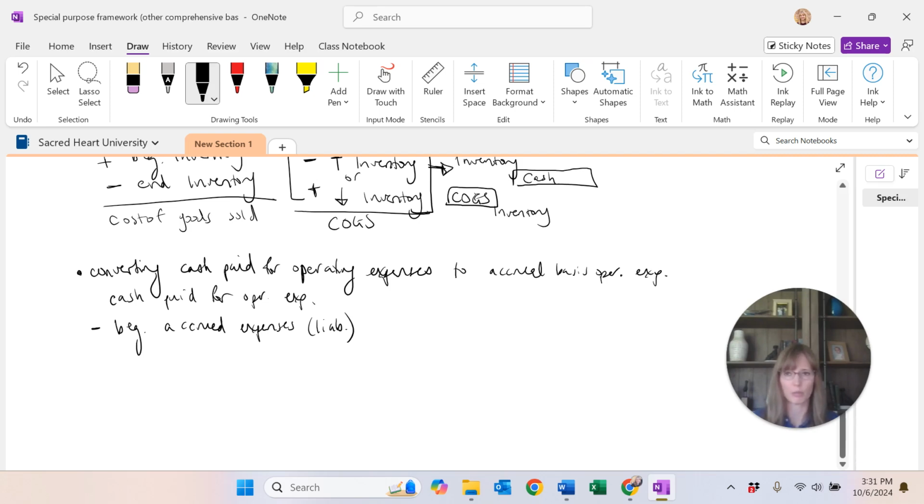They arise from just running your company's business. Picture things like salaries payable, wages payable, bonuses payable, interest payable, income taxes payable. Company might lump all of those things together and report it as accrued liabilities or accrued expenses. Subtract out the beginning and add the ending balance.